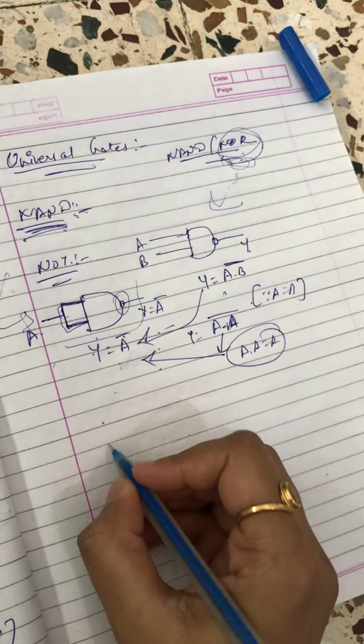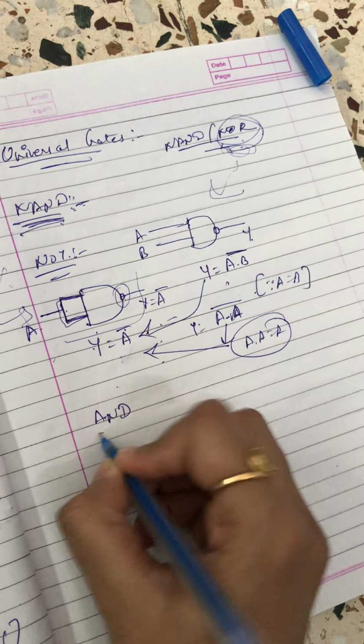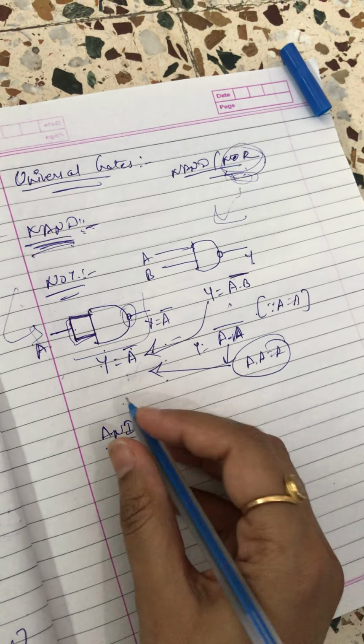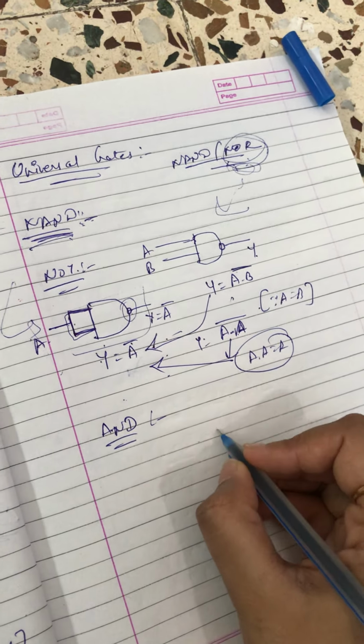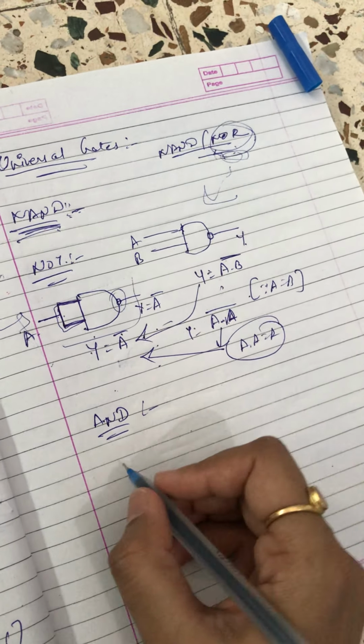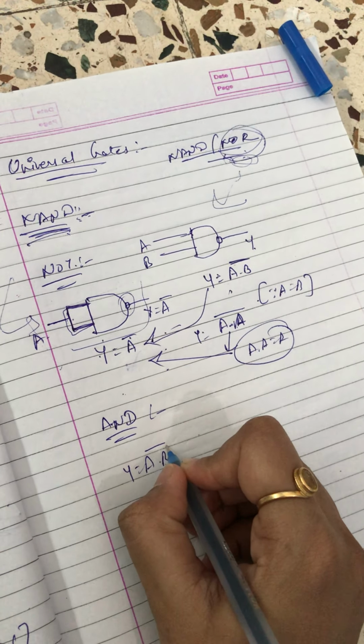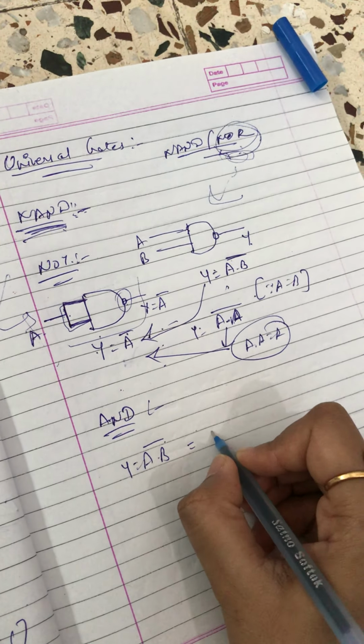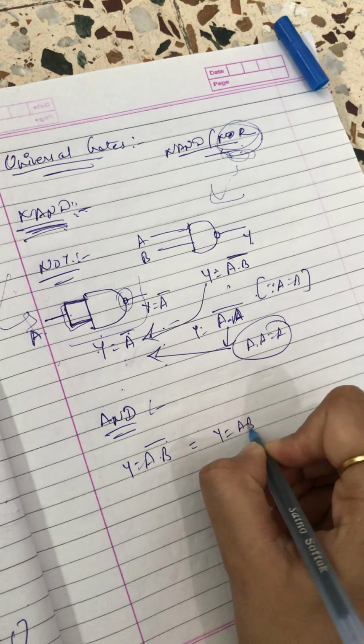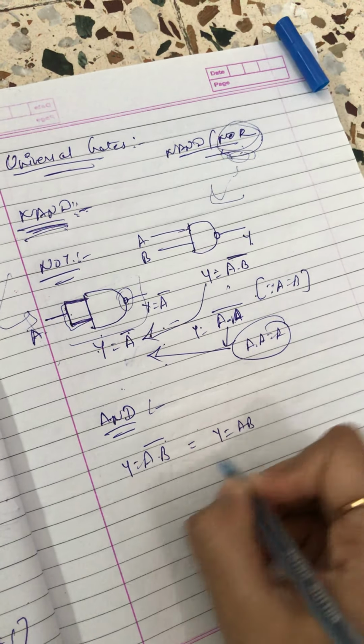Now how can you make an AND gate using NAND gate? It is quite simple. Your NAND is y equals (a into b) bar, and you wanted y equals ab. So you need to put just a NOT in front of NAND. There is one NAND, and you need to use two NAND gates.